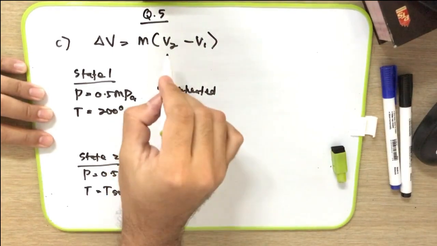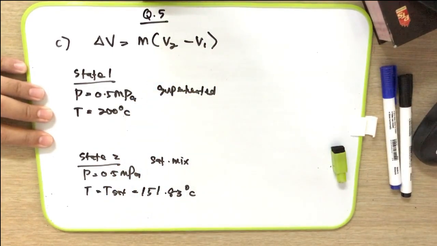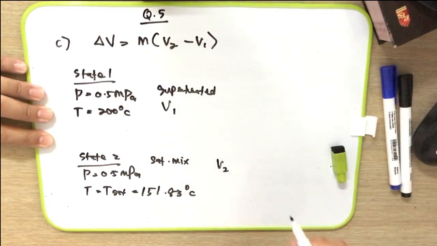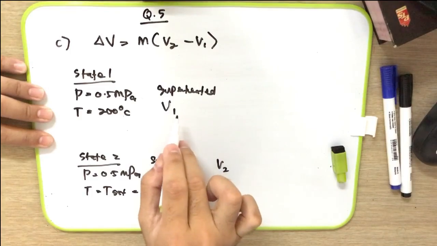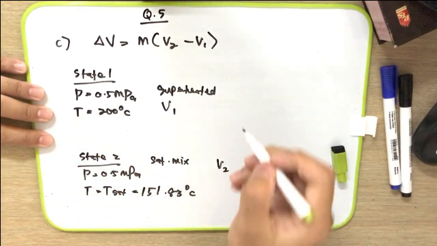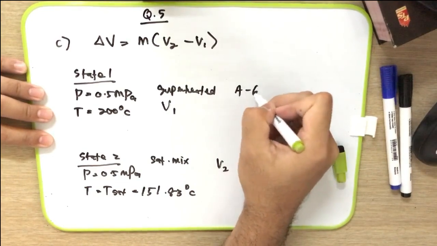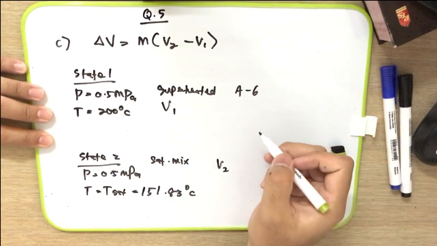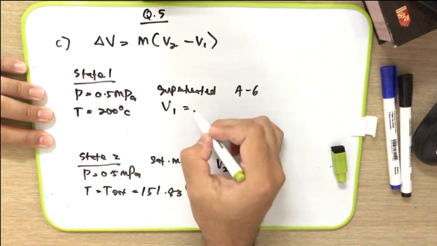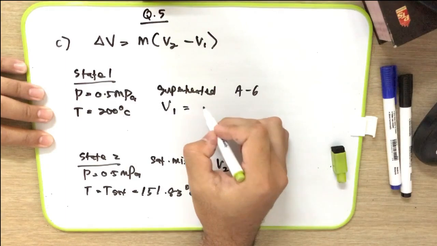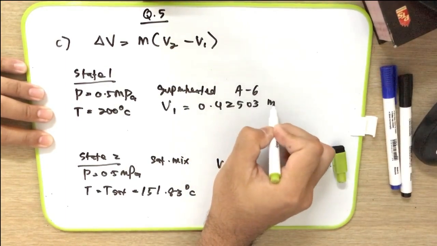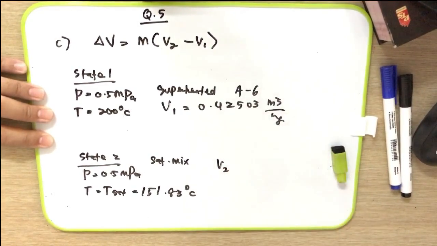So we need to find V1 and also V2. The V1 we can find directly because we know it is superheated. We have P and also T, so we can just find it at table A6, which is superheated. At table A6, you can directly get V is equal to 0.42503 meter cube per kg.